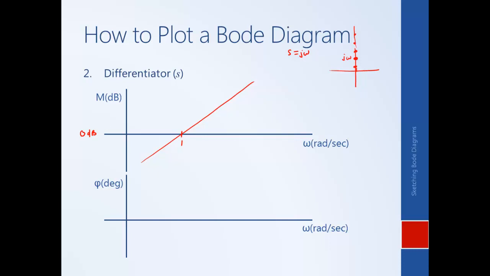So you get a straight line that increases with omega, and it crosses the 0 dB magnitude at 1 radian per second. And the slope of this line is 20 dB per decade, is what we say. For every factor of 10 increase in frequency, the magnitude increases by 20 decibels.